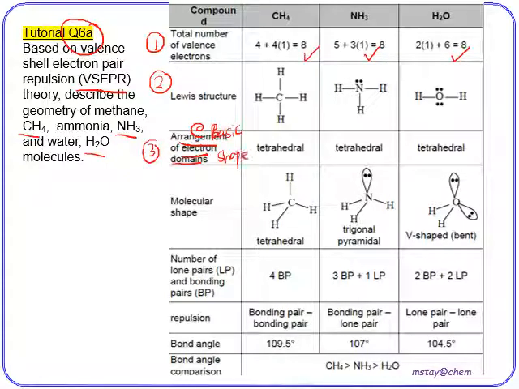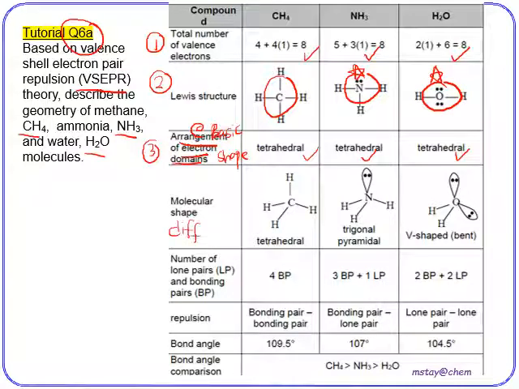Because all these 3 central atoms, carbon, nitrogen, and oxygen, have 4 electron domains, the basic shape is tetrahedral for all of them. But because there are lone pair electrons in certain molecules, their molecular shape will be different.